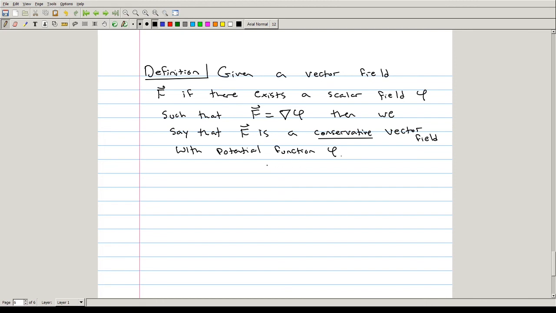F is also sometimes called a gradient vector field. This is a definition of a conservative vector field, or a gradient field.